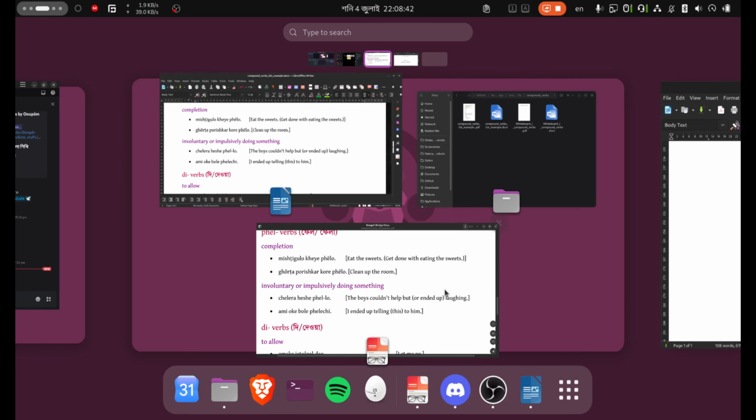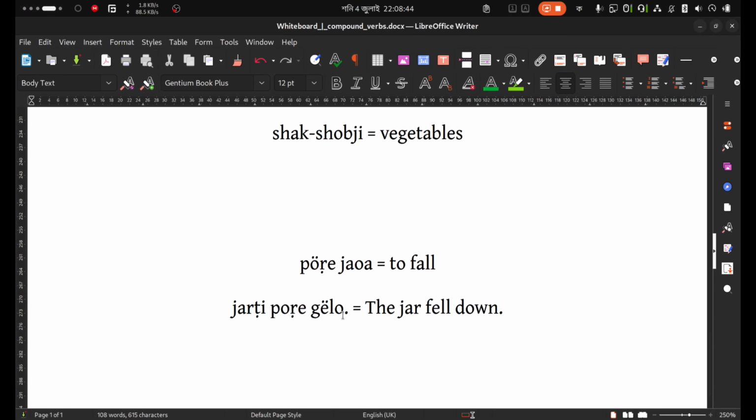But in this sentence, jarti pore gelo, the jar fell down by itself. There is no doer here, so we can't use this sentence. That's why we aren't using this word. But you could say something like this: I dropped the jar. You can try with this one.